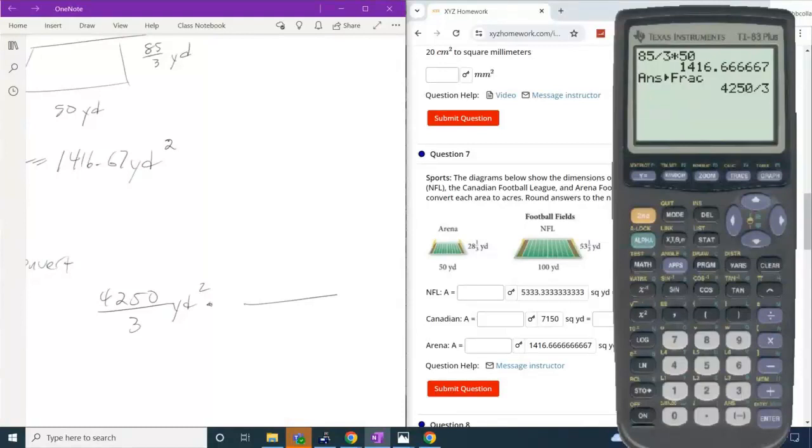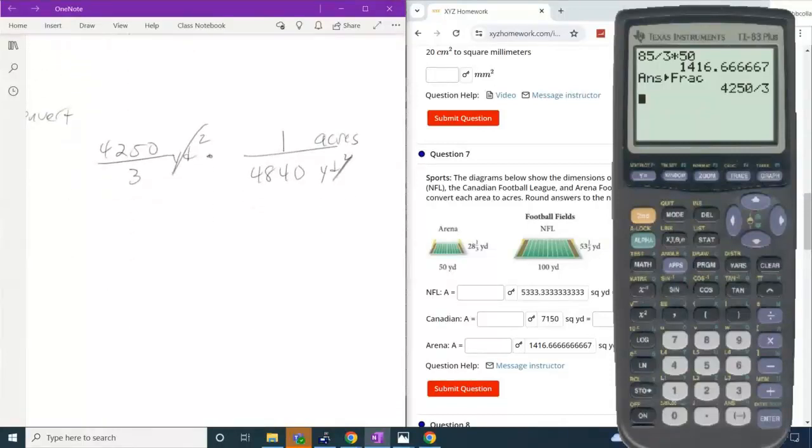When I develop my unit fraction, square yards goes in the denominator, acres goes in the numerator. And from our conversion, 1 acre is 4,840 square yards. So our unit of yards cancel. Now I'm going to multiply my numerators and multiply my denominators. So I have 4,250 divided by 3 times 4,840, and our unit is acres.